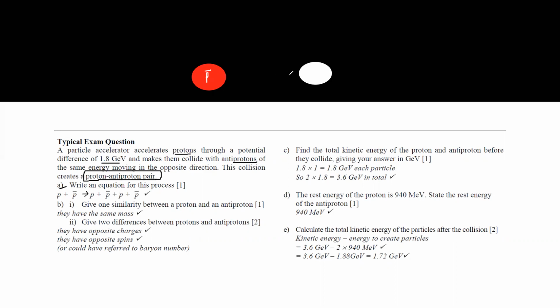One is a proton, another one is an antiproton, and they are moving towards each other, they collide, and this results in the formation of a proton and antiproton pair. So we have to write the equation for this process as I mentioned. As proton and antiproton are there, they're creating a pair of another proton and antiproton.